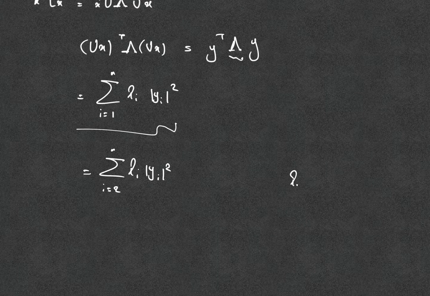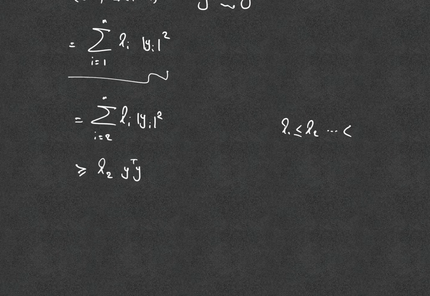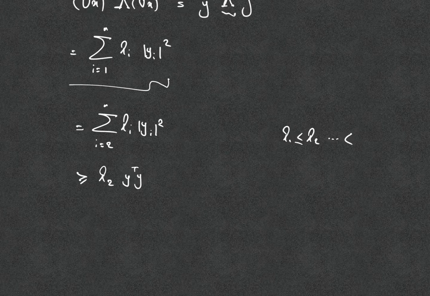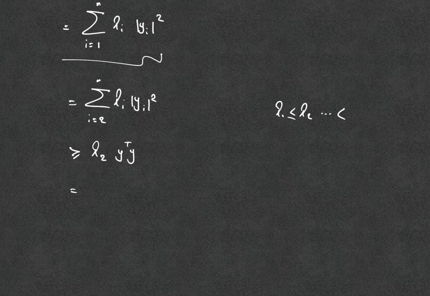And assuming that we were picking lambdas in this order, it's going to be larger than or equal to lambda 2 times y transpose y. And note that we picked y to be U^T x, so it will be equal to lambda 2 x^T U U^T x.